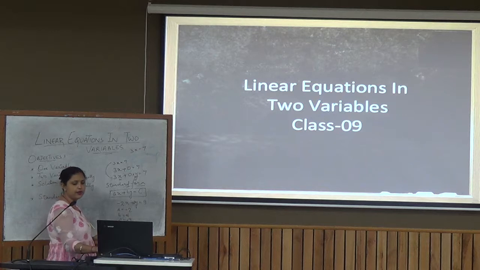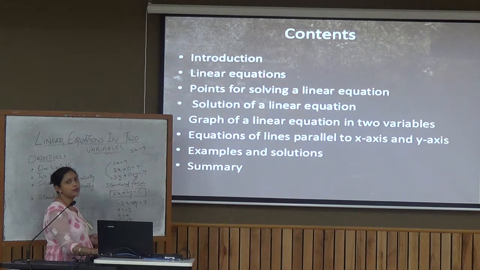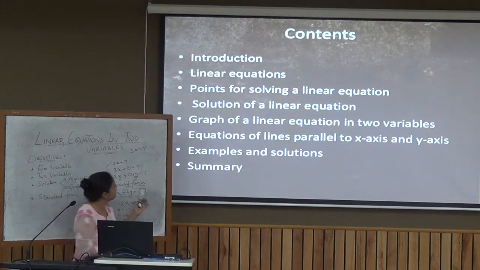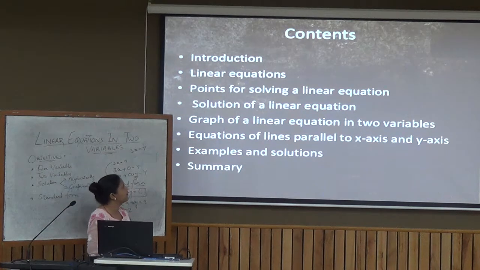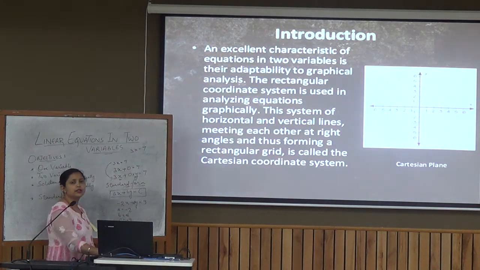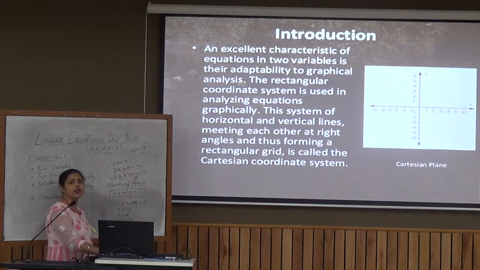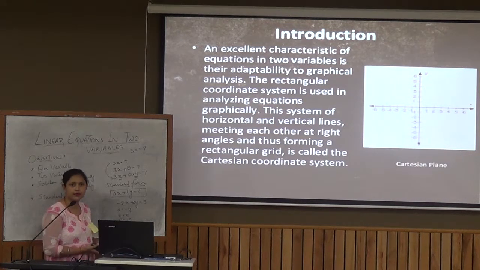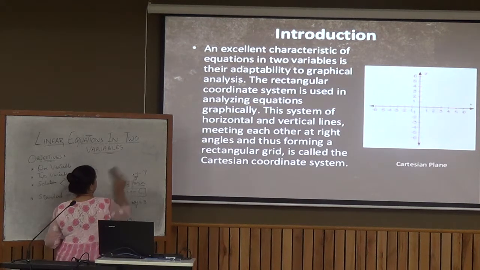Right? Now we'll move on to certain more points which we'll be discussing in this chapter, like the points for solving a linear equation, solutions of a linear equation, and so on. Coming to the introduction of the solutions, we must discuss how to solve a linear equation in two variables when we have only a single equation with us.